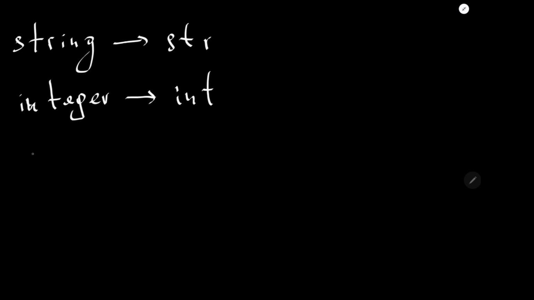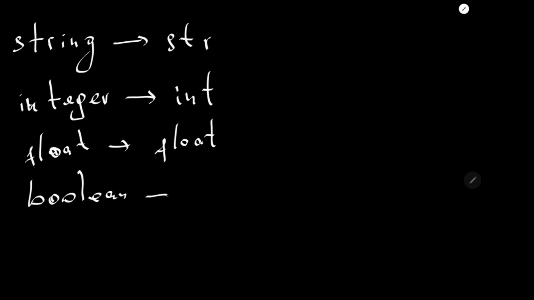Then it will be float. The abbreviation is also float. Then next will be boolean. The abbreviation is bool. Let's see what examples we have for these types.